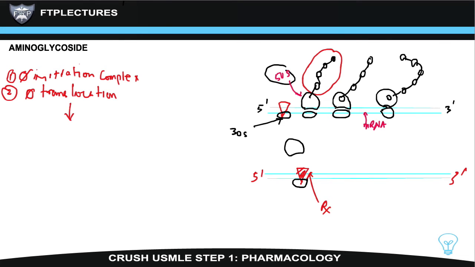Well, that means there is no protein synthesis, which means there is no bacteria. The bacteria dies, okay? That's unfortunate. The bacteria is going to die. And this is exactly how aminoglycosides work. This is how they kill bacteria.